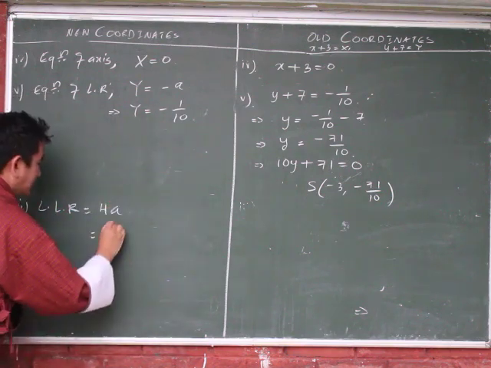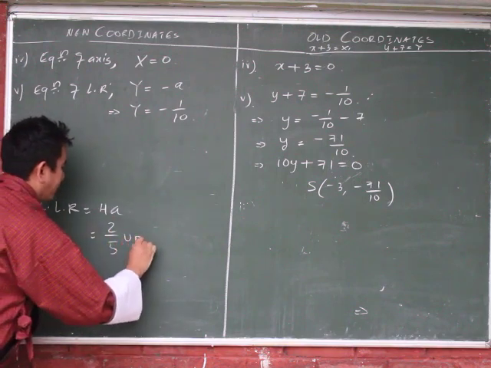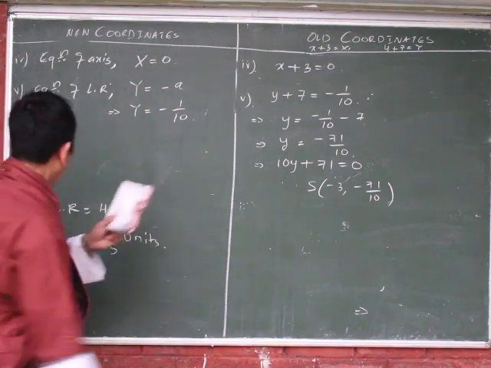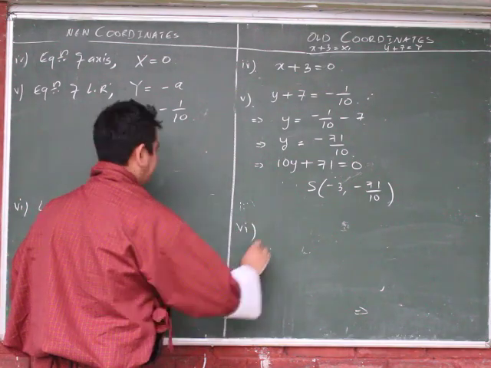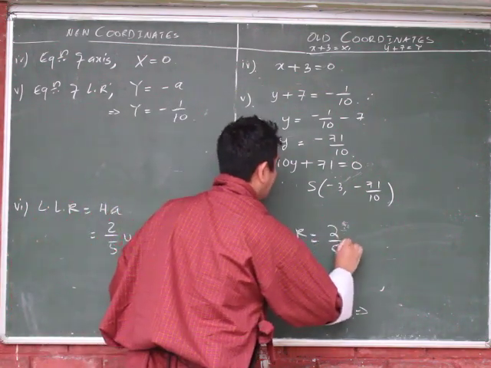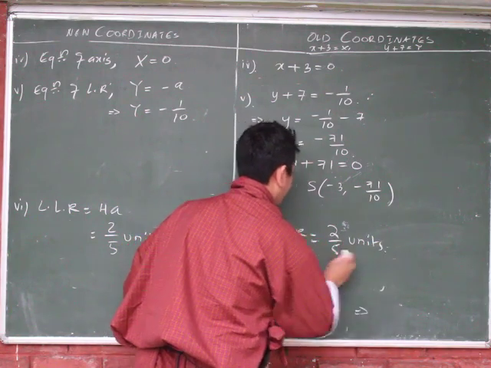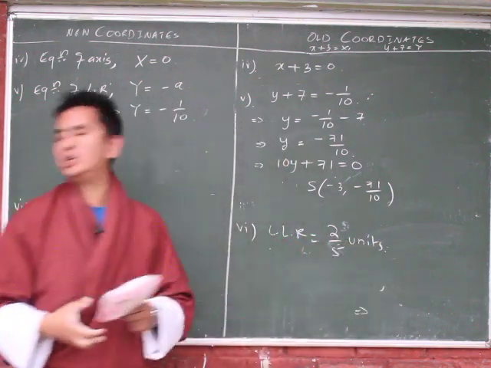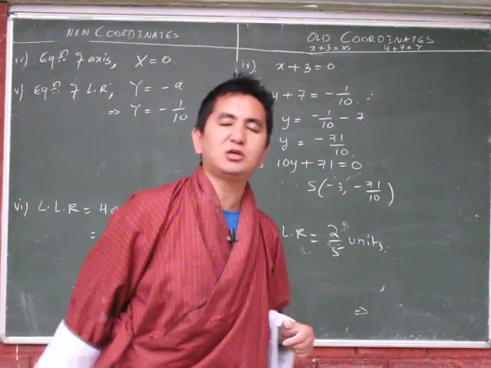So that means 4a is equal to 2 by 5 units. Whatever the length of latus rectum there, length of latus rectum remains same, which is equal to 2 by 5 units. Because we are just shifting the parabola, we are not changing the size of the parabola.